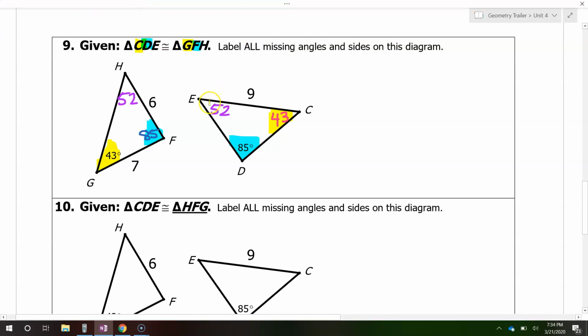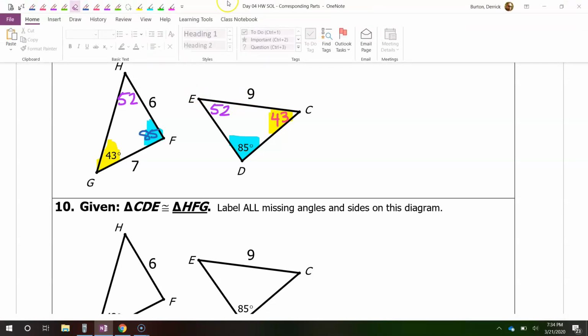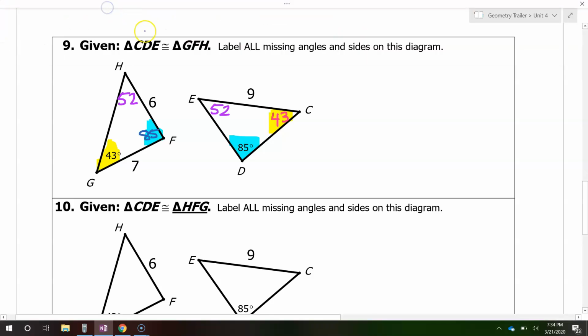Okay, side EC. I feel like I should start over here. Side EC is right here. That's going to be congruent to side HG. EC is 9, so HG, which is over here, should be 9.